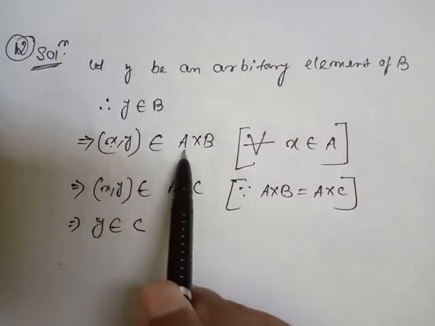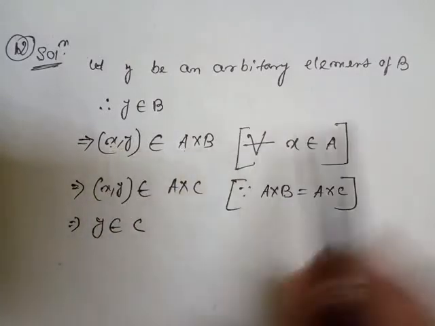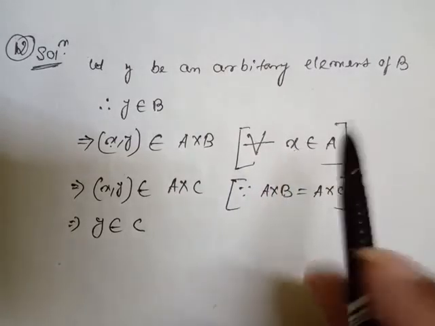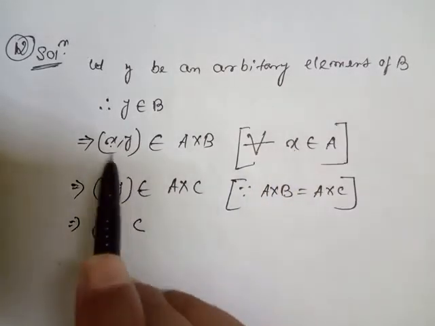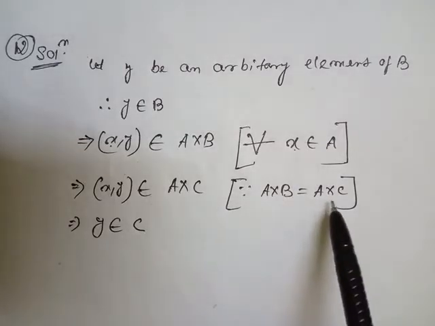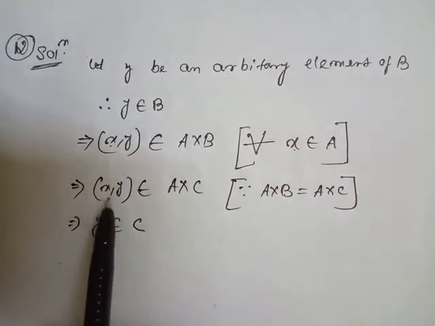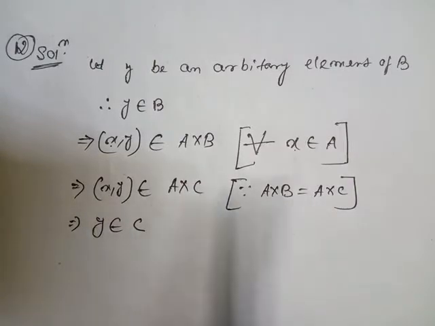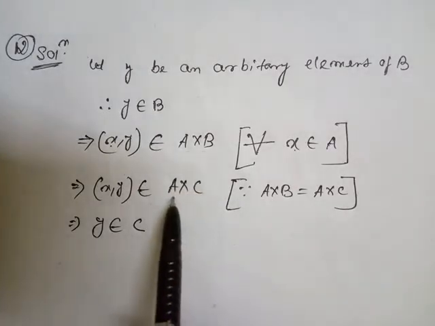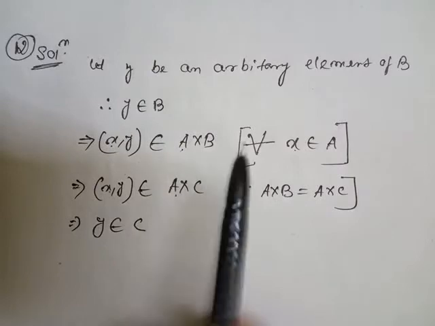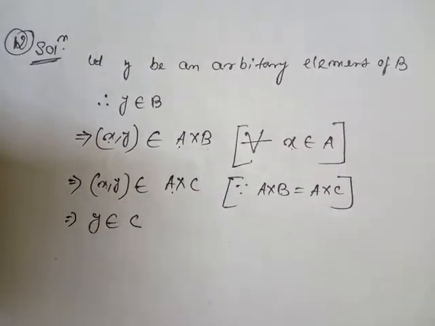Now (x, y) belongs to A product B, where the condition written is for all x belongs to A. Now in the question it is given that A product B equals A product C. So if A product B equals A product C, then (x, y) belongs to A product C. In place of A product B, I may write A product C also. Now look, x belongs to A here, x belongs to A here, but here y belongs to B, and here y belongs to C.